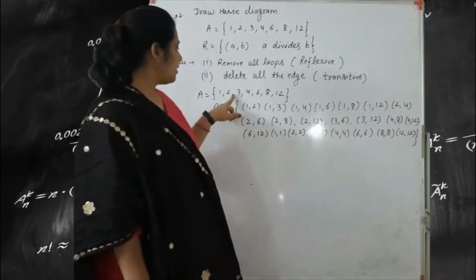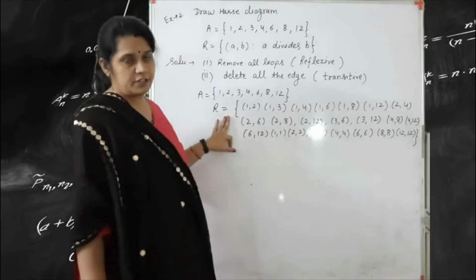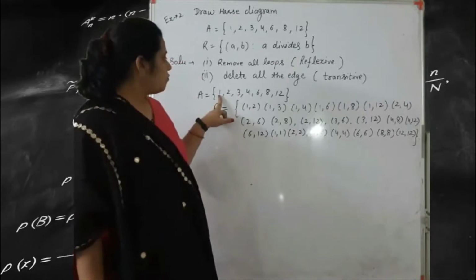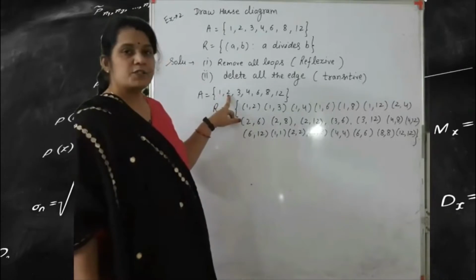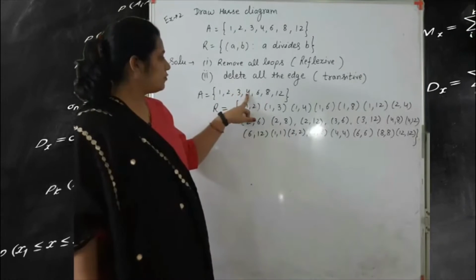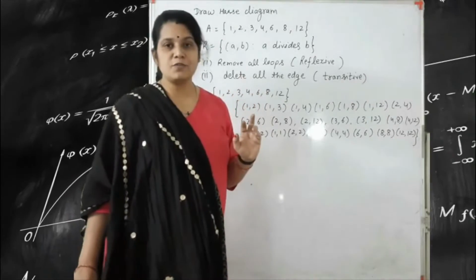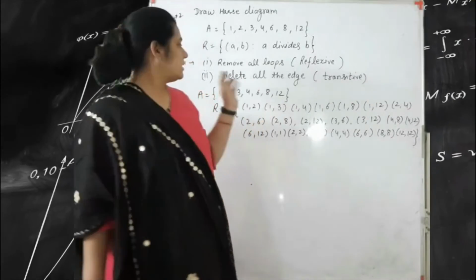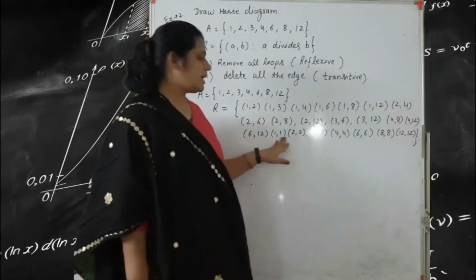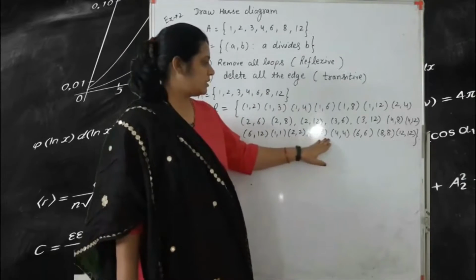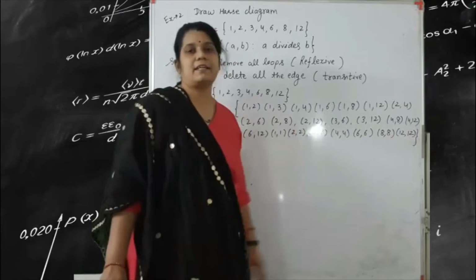And with the help of this, we write here the relation. So relation is what? (1,1), (2,2), (3,3), (4,4), (6,6), (8,8) and (12,12). This is a reflexive relation because of a divides b.